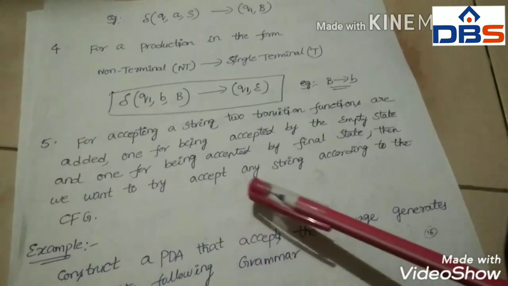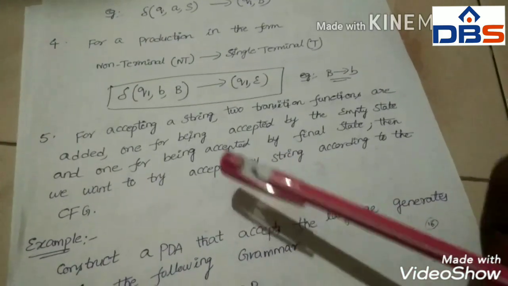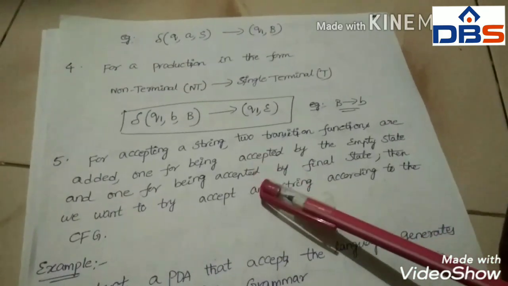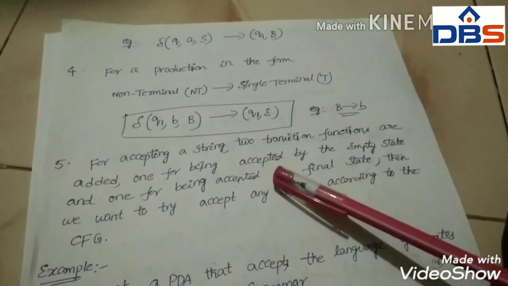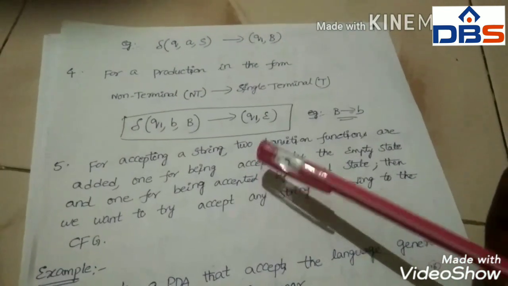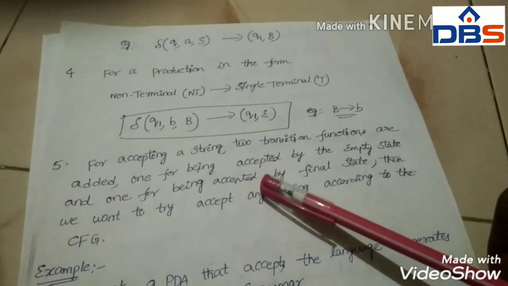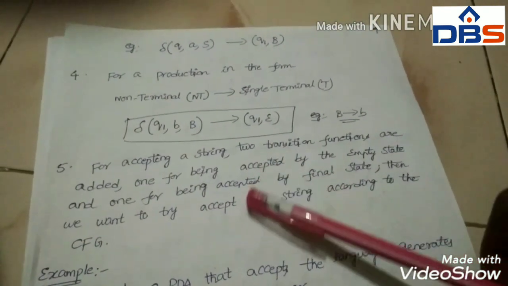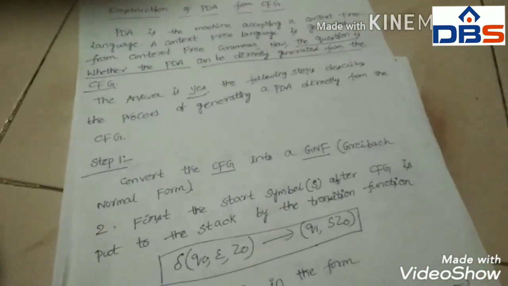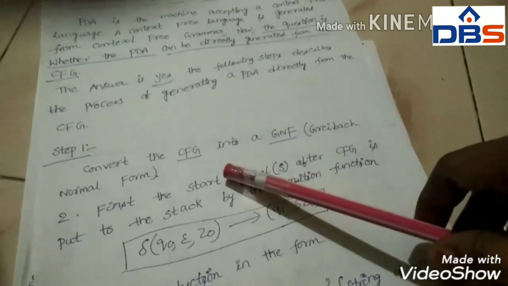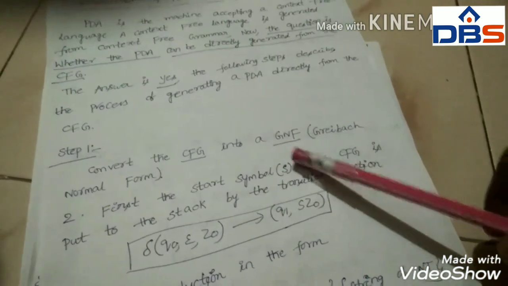To accept any string according to the CFG, this is the process of how we construct a PDA from the CFG, meaning how to generate a PDA directly from the CFG. At that time we have to follow these steps. First, in the CFG, convert the CFG into GNF, meaning Greibach normal form.